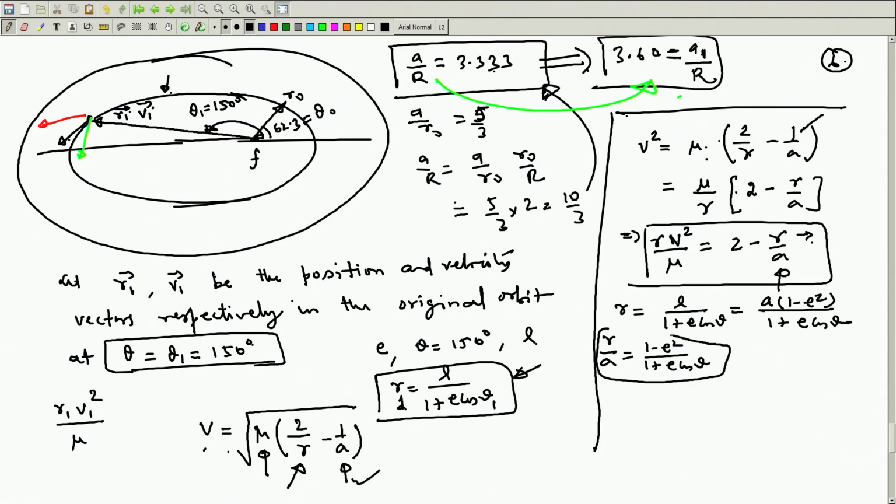So, r by a can also be written this way. So, the same problem, as I have told you, you can attempt in a number of ways, and irrespective of your ways, your result should be the same.